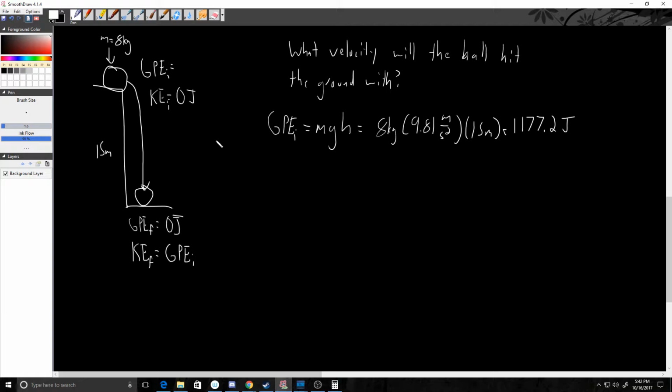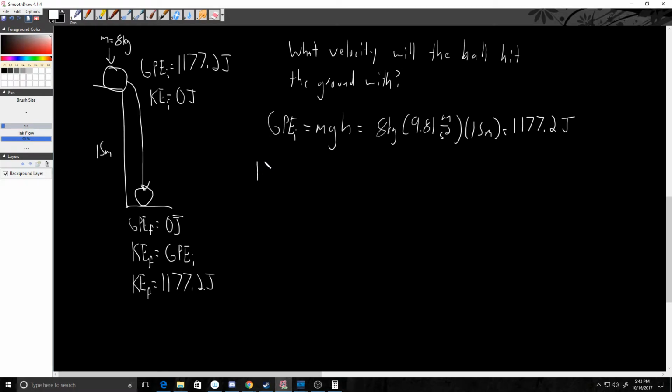That's how much gravitational potential energy it had sitting on the ledge of the cliff. Then it got kicked off, and all of this GPE becomes kinetic energy. So essentially, I know my ending kinetic energy, 1,177.2 joules, if I'm making my diagram complete there.